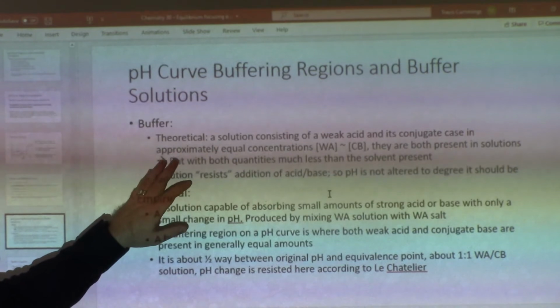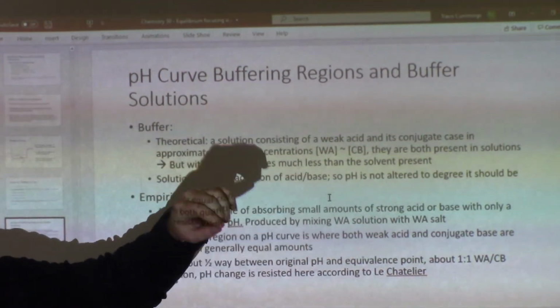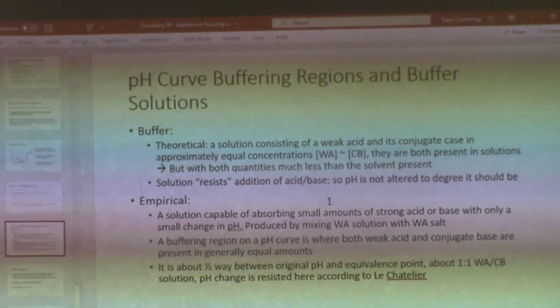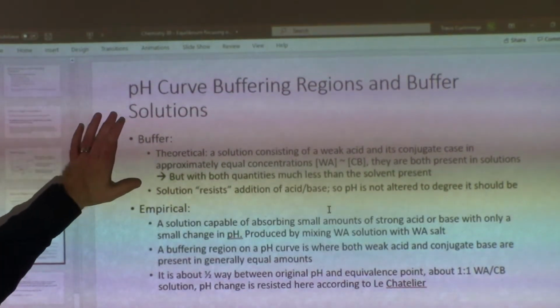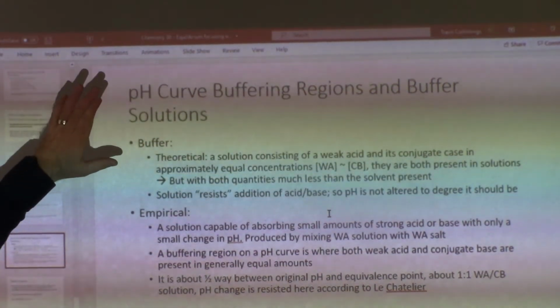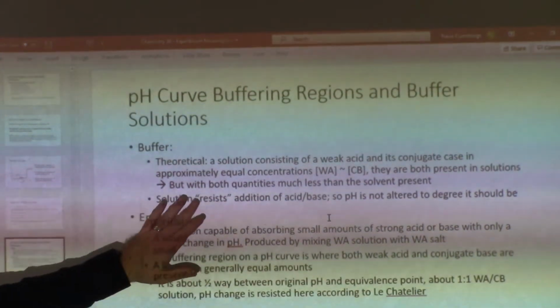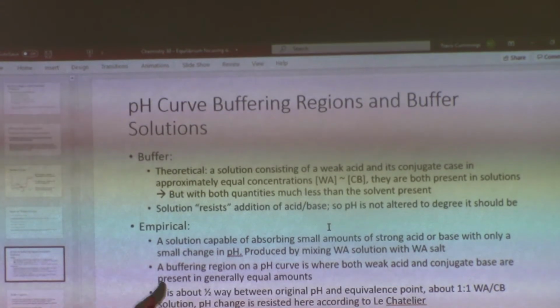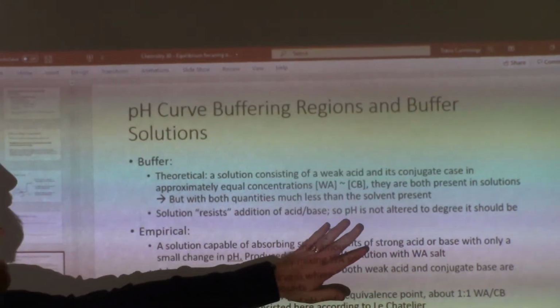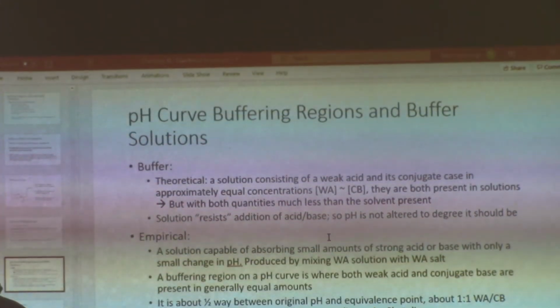Here's the deal though: they're present in quantities much less than the solvent, whether that's water or alcohol or whatever. The buffer resists the addition of hydronium or hydroxide, so the pH itself is not altered to the degree that it should be.